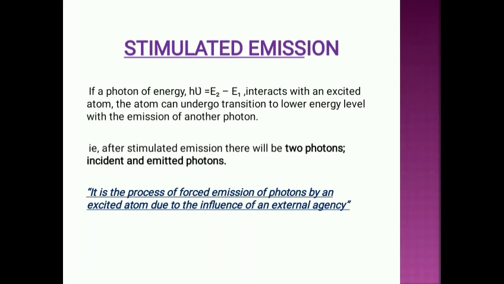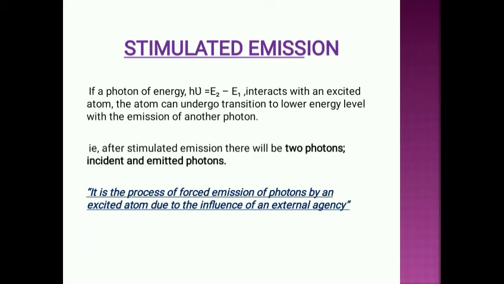And the third process is called stimulated emission. If a photon of energy h nu equal to E2 minus E1 interacts with an excited atom, the atom can undergo transition to a lower energy level with the emission of another photon. That is, after stimulated emission, there will be two photons, the incident photon and the emitted photon.